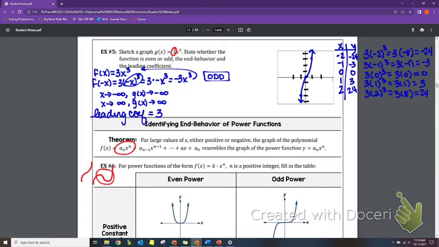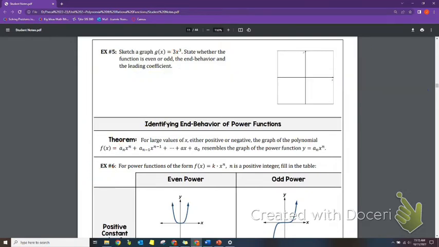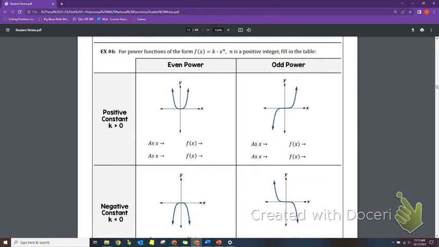All right, so example 6. It says, for the power function of the form f of x equals k times x to the n, where n is a positive integer, fill in the table. So here, if my n is an even power and my k is positive, think about what you know.